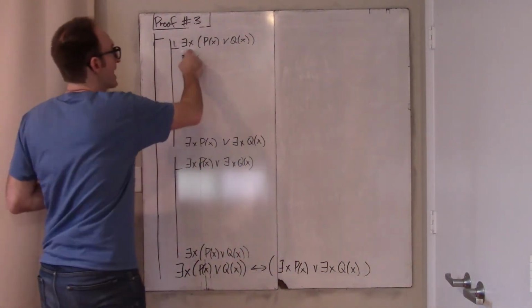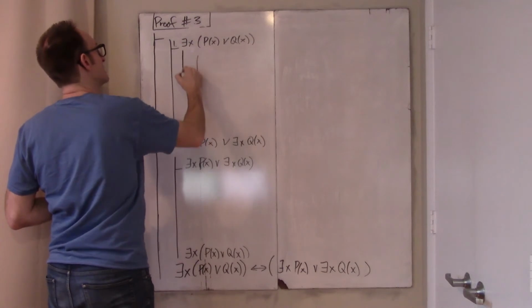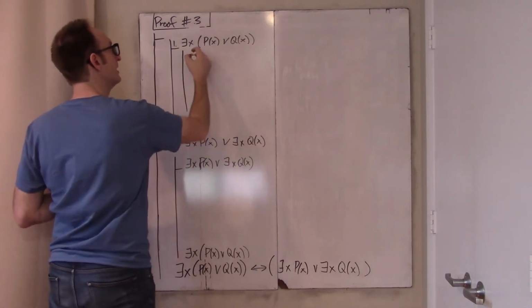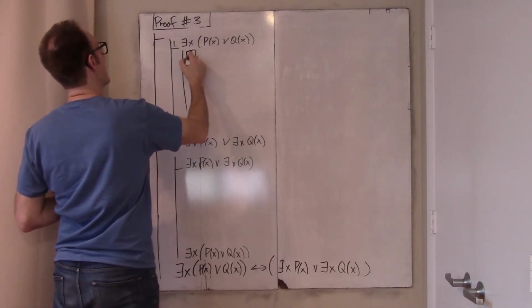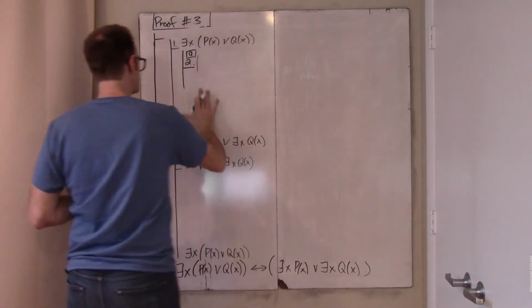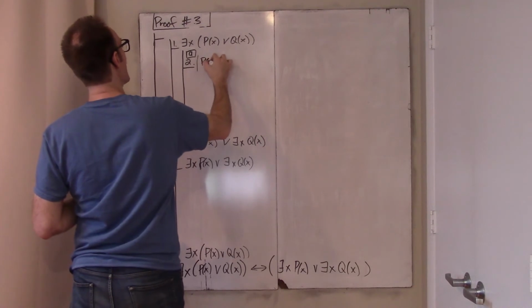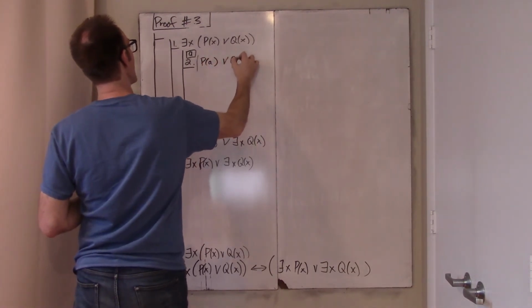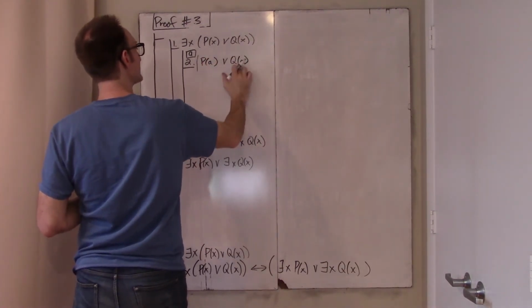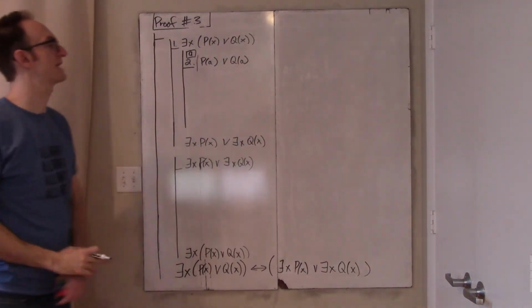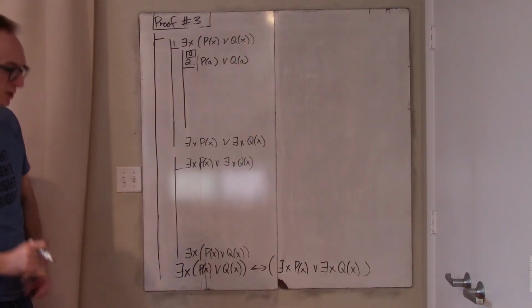We're going to say, okay, you person in line 1, which I know exists, but I don't know who you are, let's just call you A for a moment. If I name you A, then here's what I can say about A: either P is true of them or Q is true of them.